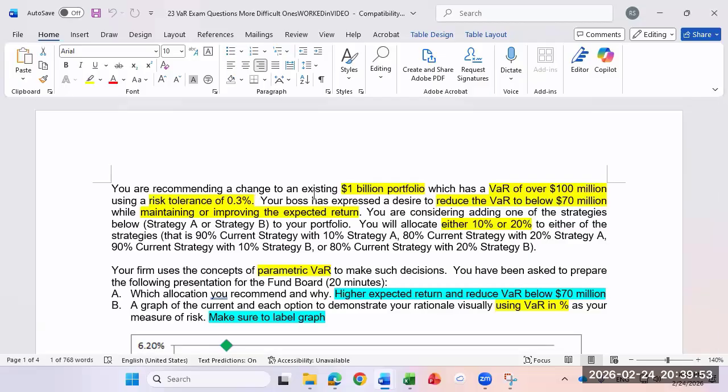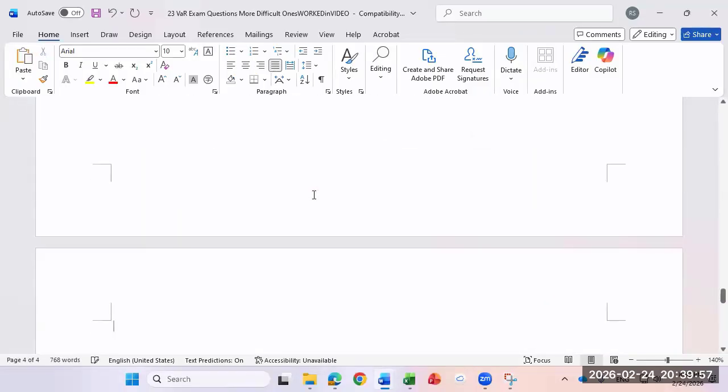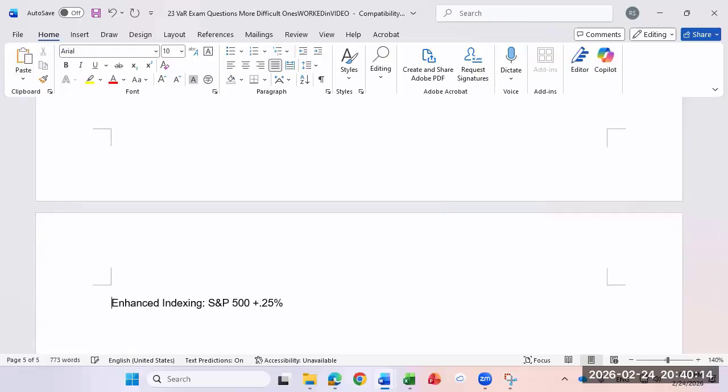I remember once I actually spoke at a conference, and we were doing enhanced indexing. What enhanced indexing is, they try to give you the S&P 500 plus 0.25%. That's their goal. They don't want to kill the market.